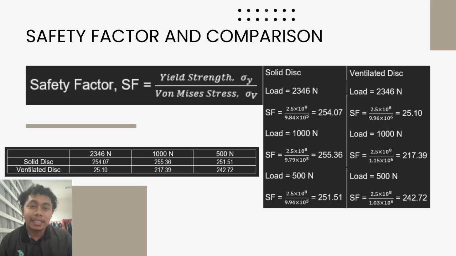For the ventilated disc, the safety factor improved as the load decreased, rising to 217.39 at 1000 Newton and 242.72 at 500 Newton. In all tested scenarios, the solid disc provided a higher safety factor, indicating it remains further from the material yield point under these specific conditions.